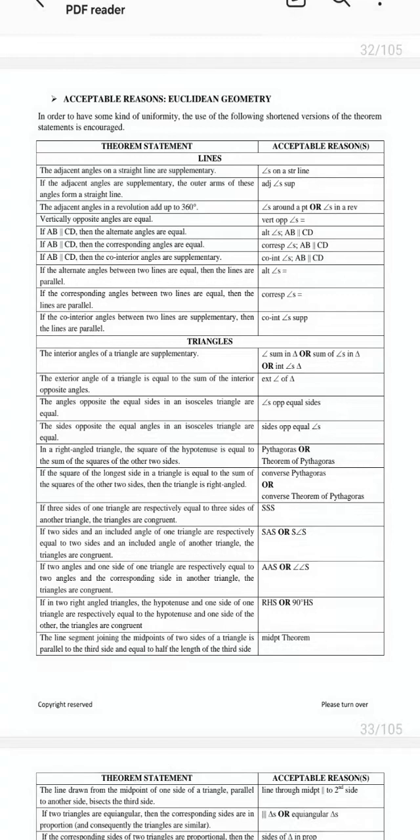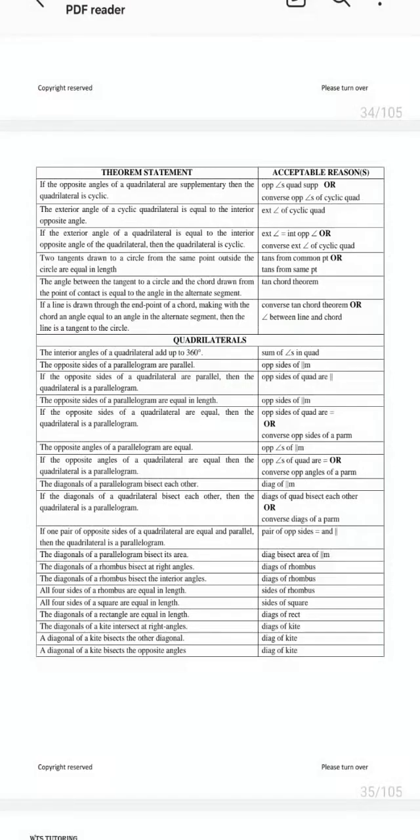Let me just move right along. You might as well screenshot this document. I'm going to also show you the document as well that does quadrilaterals.